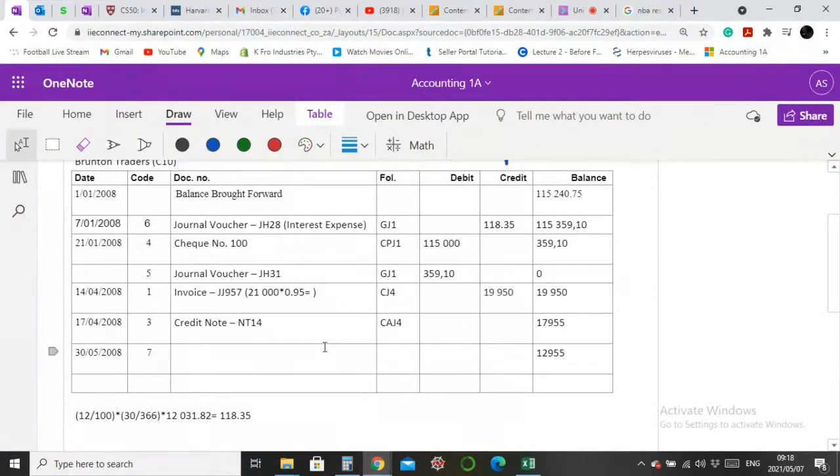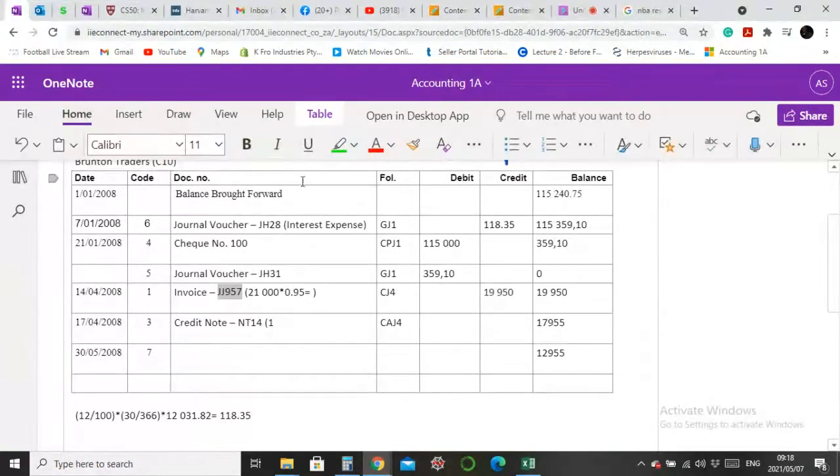Okay, remember we're calculating 10%. So we're saying 10% of the above invoice. They said it was invoice JJ957. So I'm just going to highlight that in green. So then they're saying 10% of that invoice, which was 19,950.